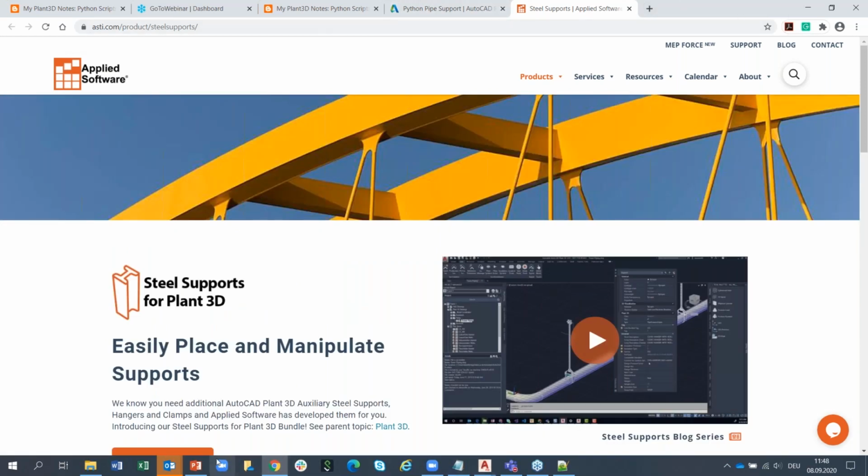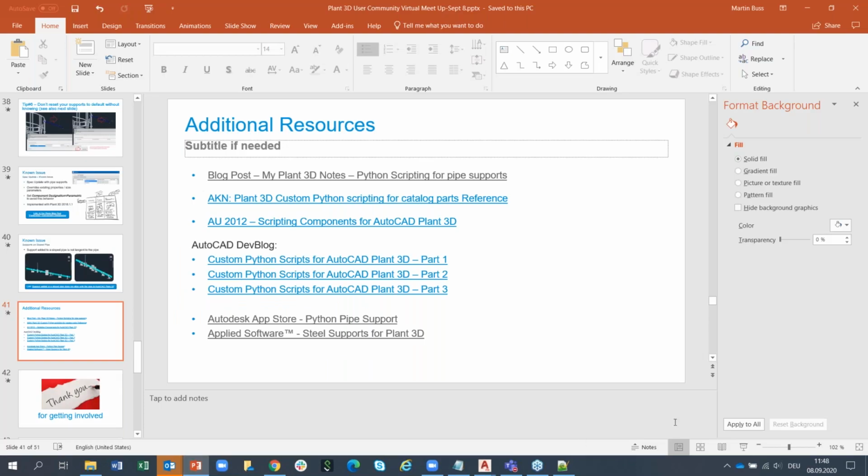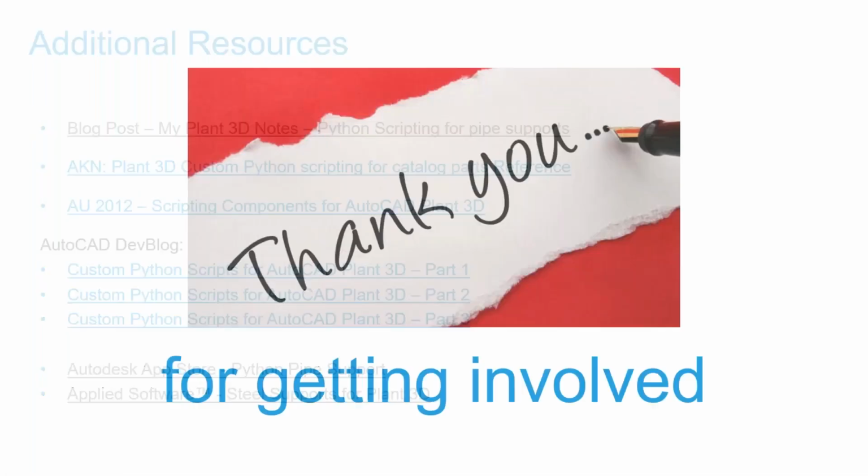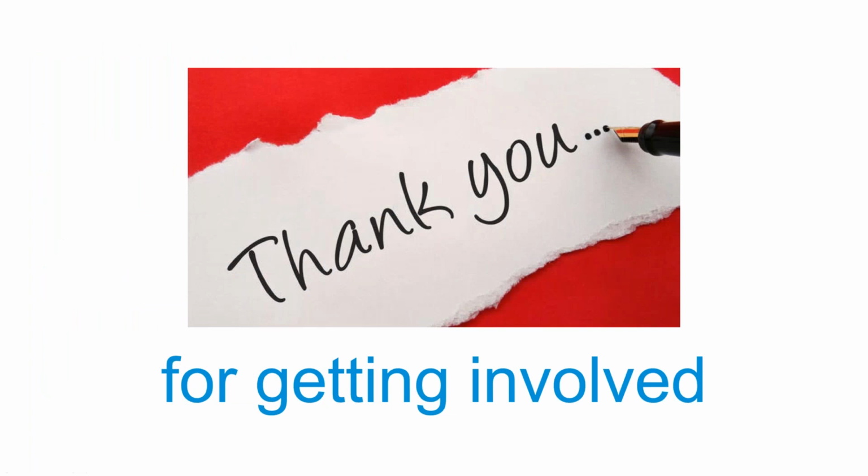Okay, so just one more question, Martin. Sorry to interrupt. It's from Steven again. Thanks, Steven, for posting those questions. He's asking, if the support needs updating, will it retain the user customization, or will it reset to default if parametric is set? In parametric, it will not update at all.